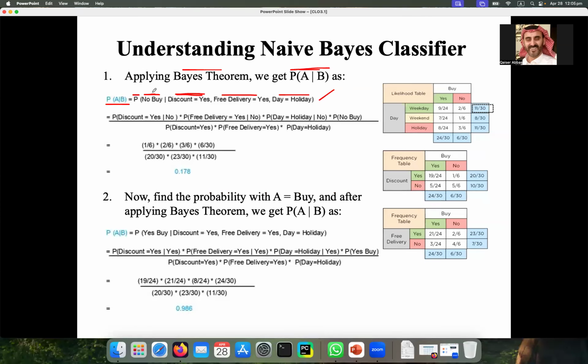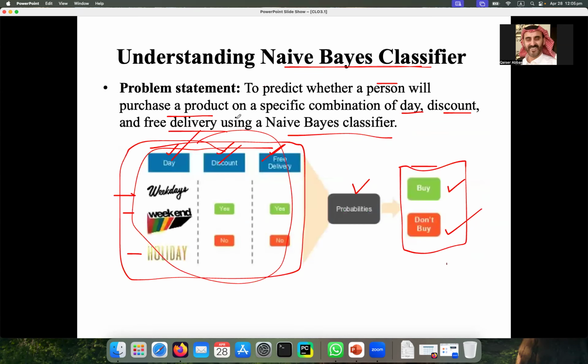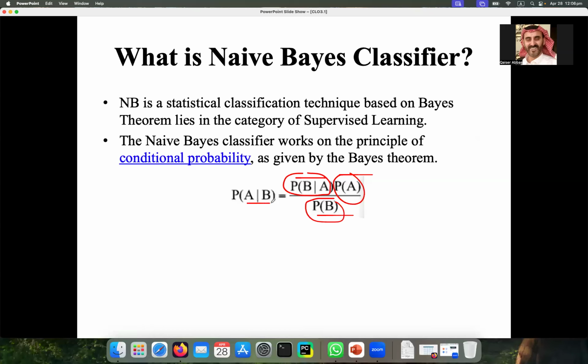First you have to calculate this, which is written here: probability of discount equal to yes given no, multiplied by probability of free delivery yes given no. Why am I reversing the order? Because in the equation you have probability of B given A on the right hand side. Here you have A given B. Here you have B given A, reverse order.